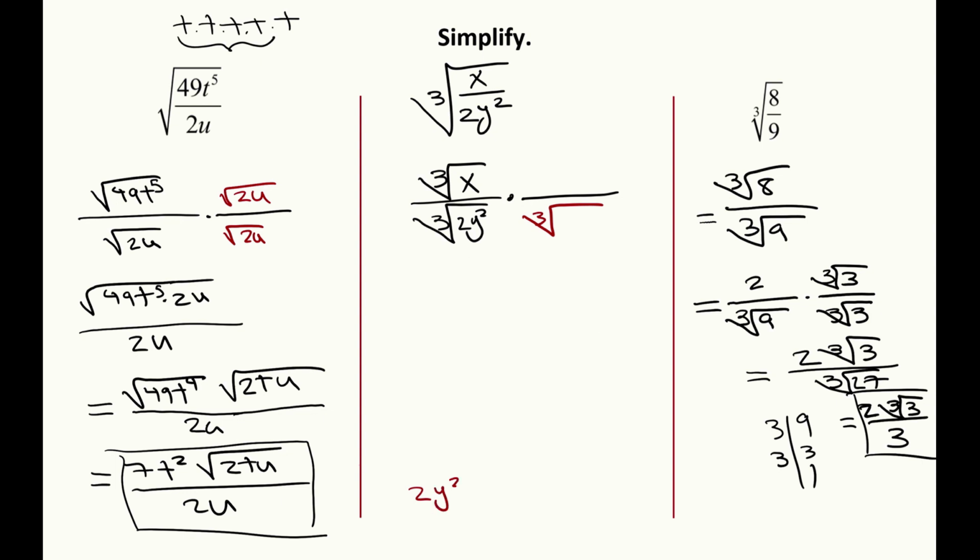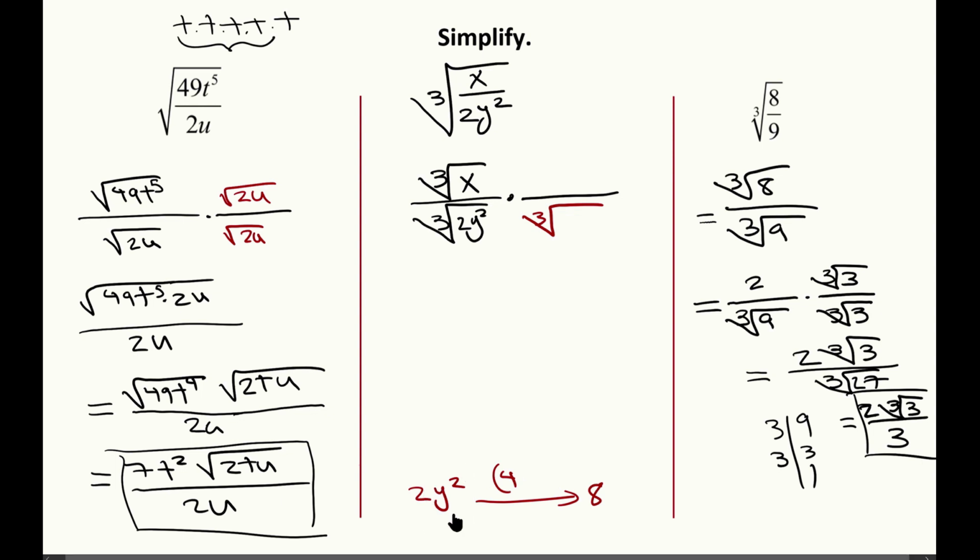So we have 2y squared, we want to make it a perfect cube. Notice what's missing from 2 is going to be 2 factors of 2, which is 4. So we're going to multiply by a 4 to turn the 2 into a perfect cube, which is basically 8.